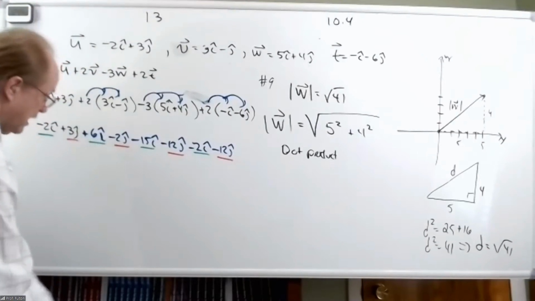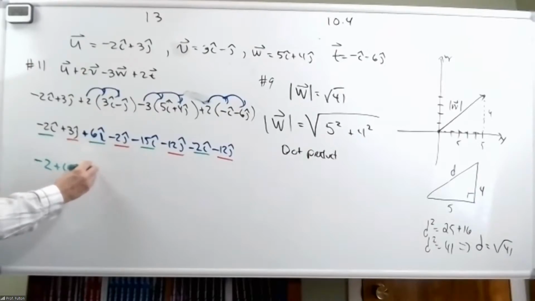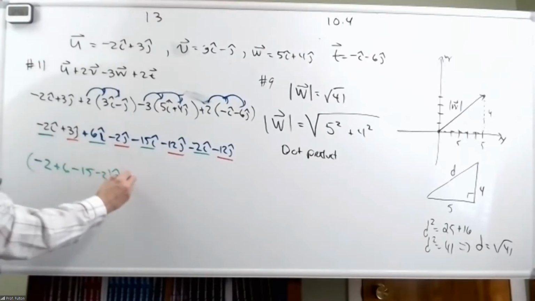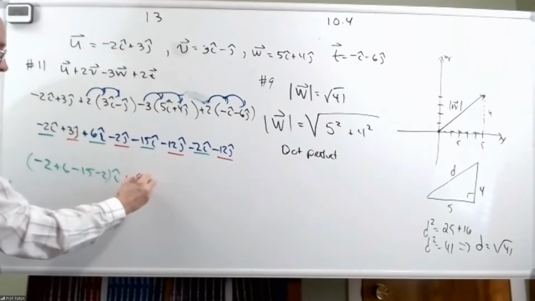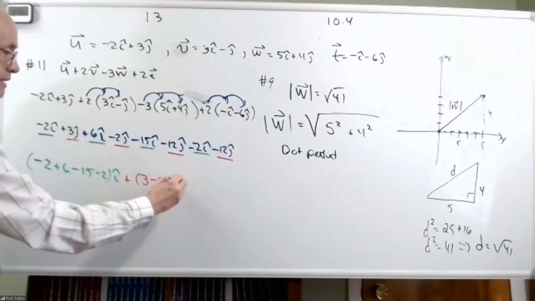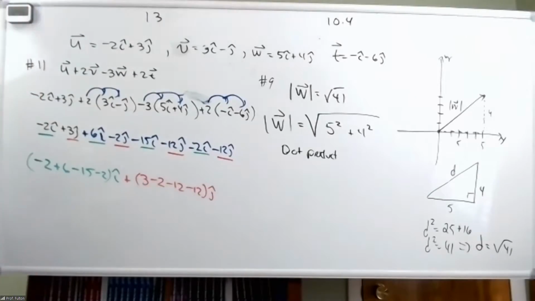So for the i terms, what do I have? I have a minus 2 plus 6 minus 15 minus 2. This is all in the i direction. Plus now if I look at the j, I have 3, subtracting 2, subtracting 12, subtracting 12 again, and that's in the j direction. Now just do some arithmetic.